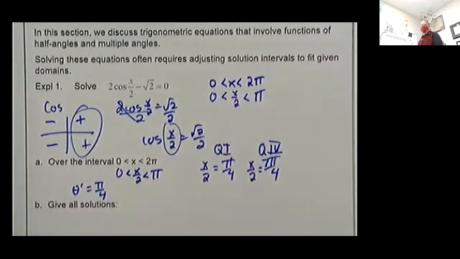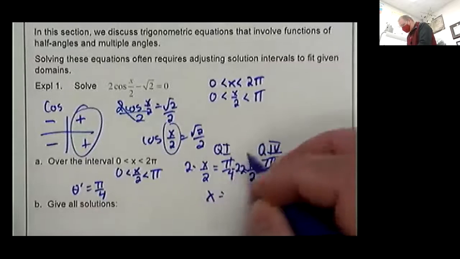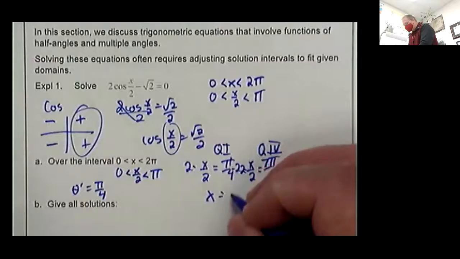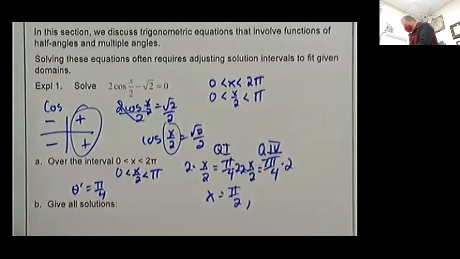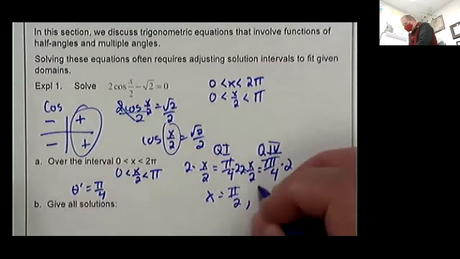But we want to solve for x, not just x halves. So the easy way to do that is to multiply both sides by 2. Therefore, x has to equal double pi fourths, which is 2 pi fourths, which is pi halves. And x equals double 7 pi fourths, which is 7 pi halves.